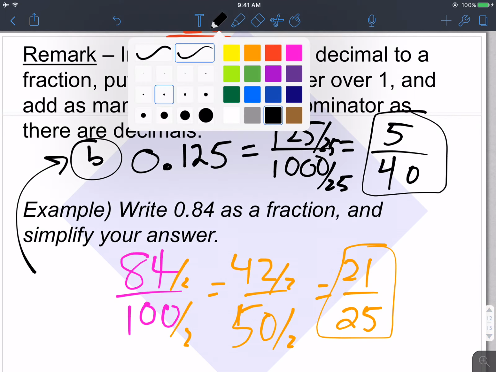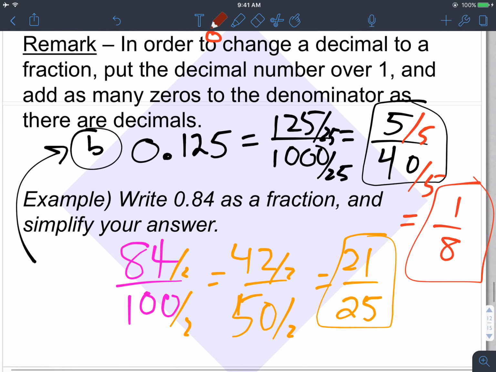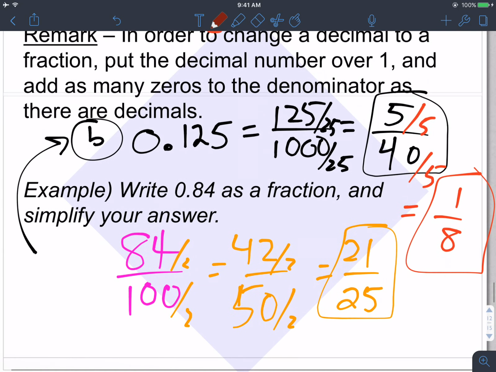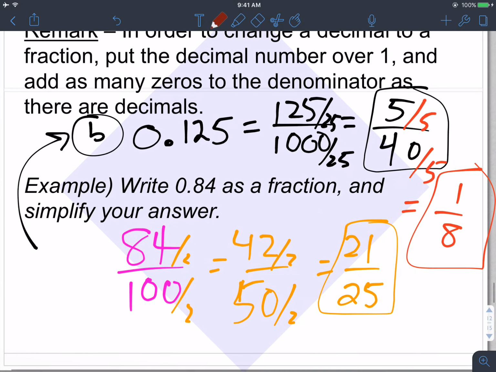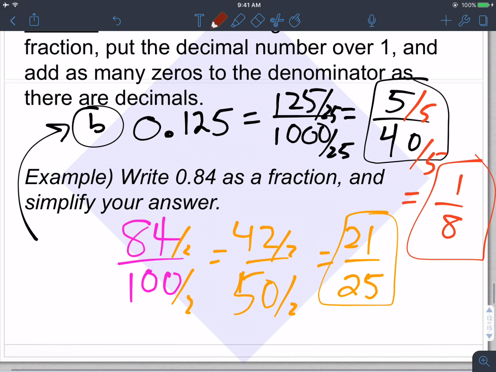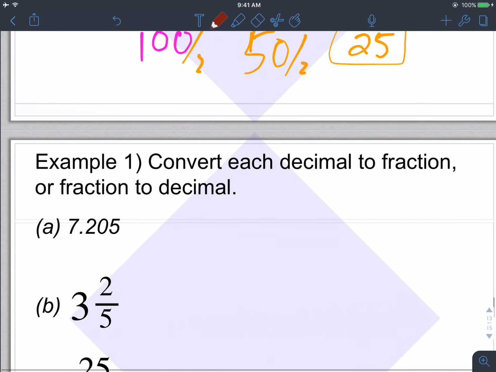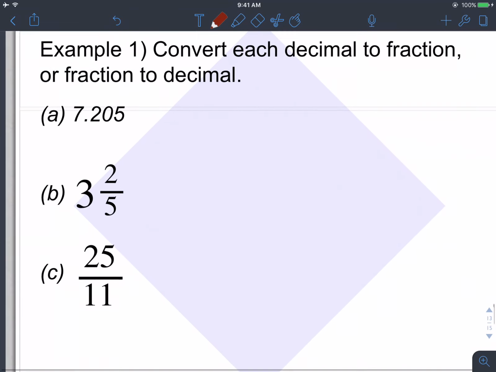Further. Sorry. So you get 1/8. Yep. Okay, good.